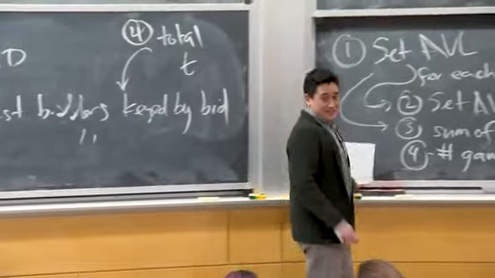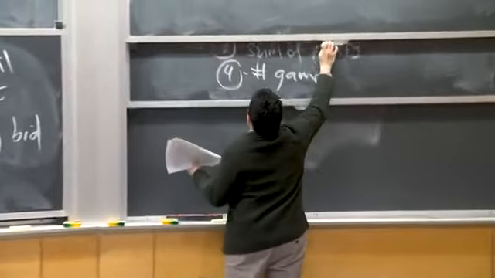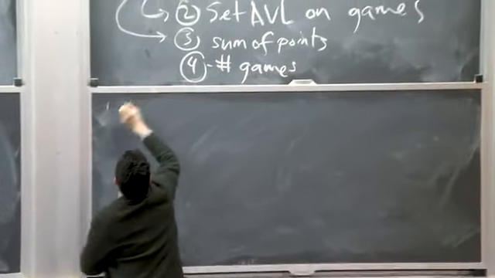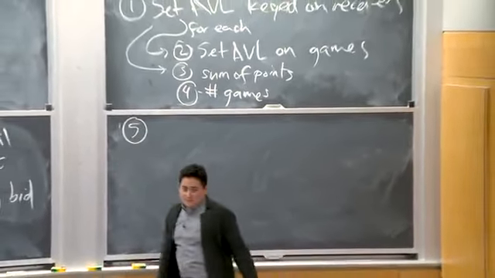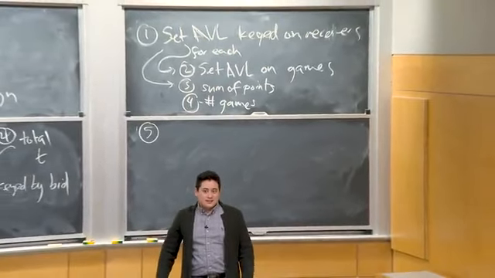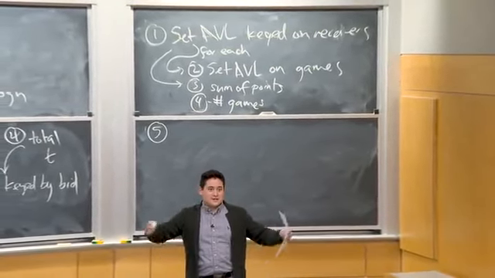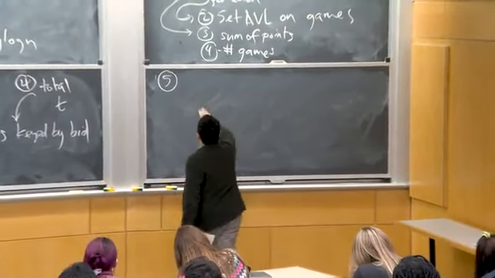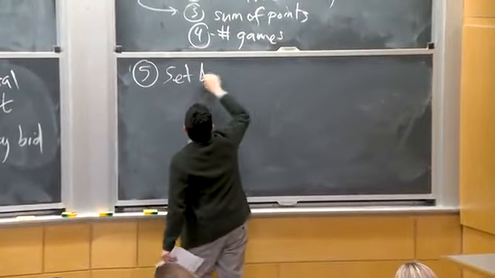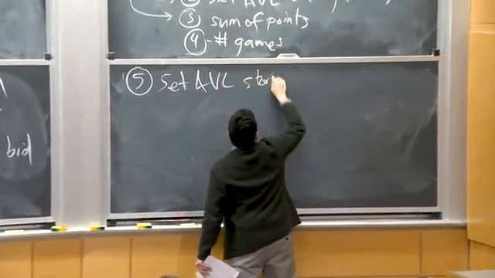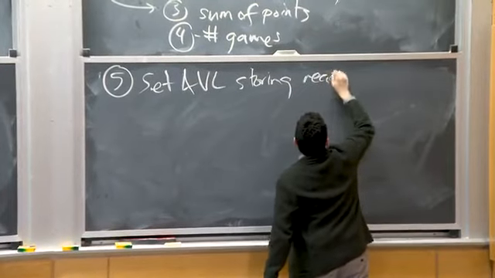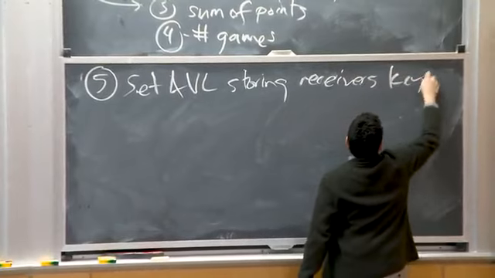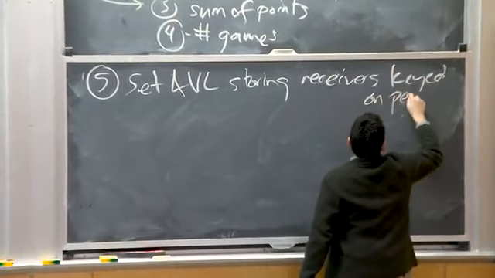So I need a last data structure. I need to store something dynamically sorted by performance. A Set AVL, storing receivers, keyed on performance.